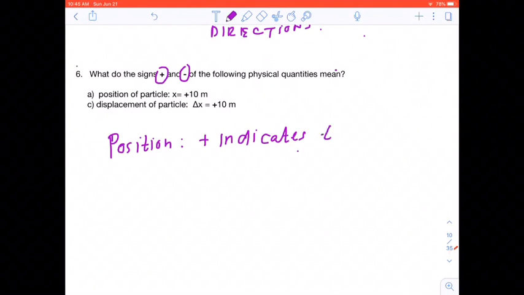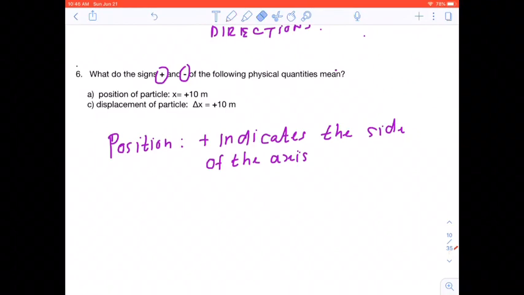the side of the axis that we can find a particle.